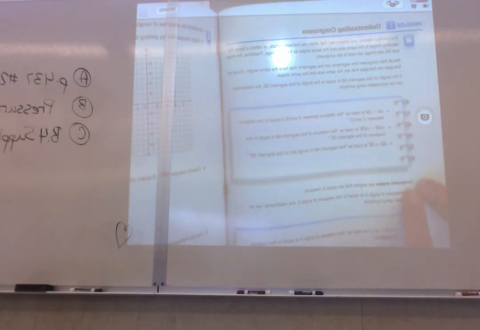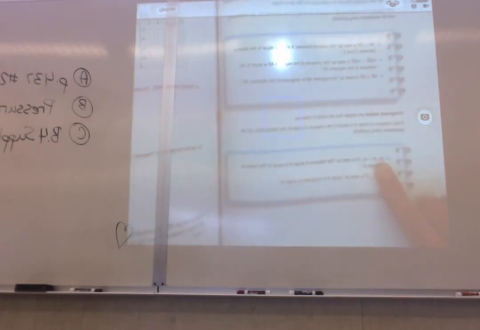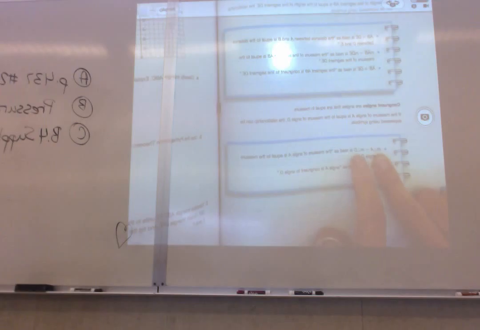Christopher Bernal, could you read about congruent angles? If the measure of angle A is equal to the measure of angle B, the relationship can be expressed using symbols. Okay, so same kind of thing, but with angles. One way that it is expressed is with a little M in front of the angle.